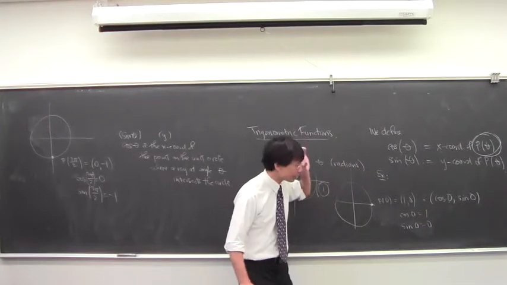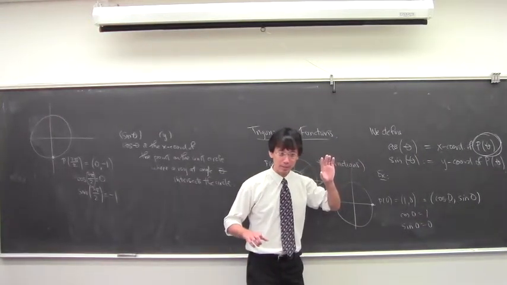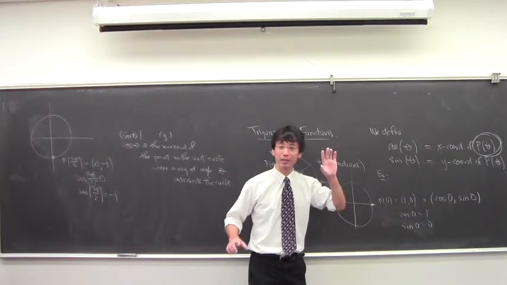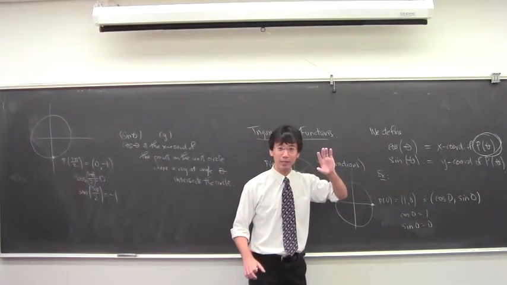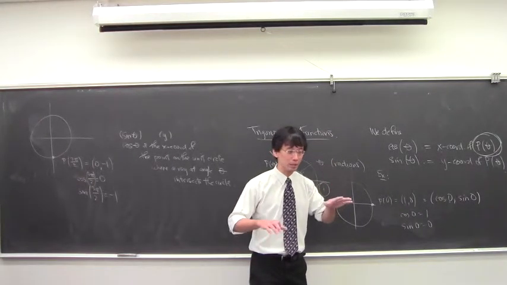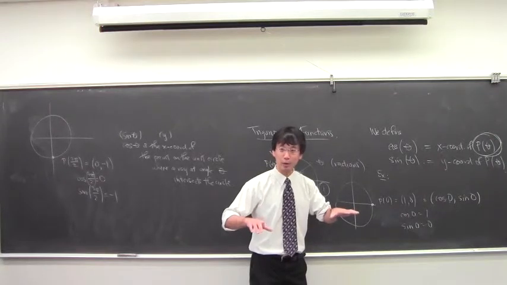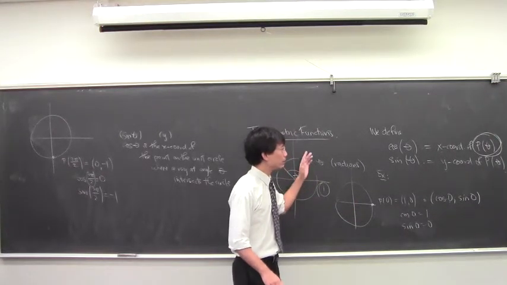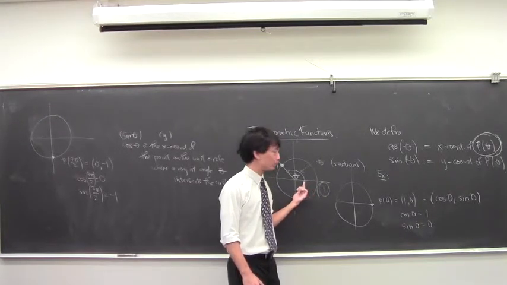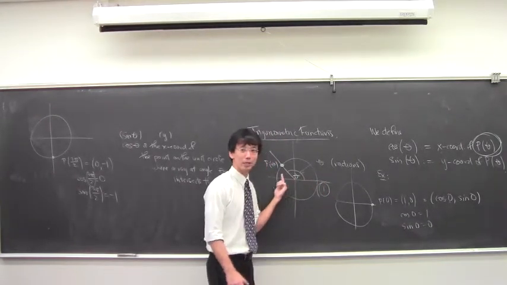So let's not have anything that's just by memory. That's my goal, at least as minimal as possible. I want you to just have ideas and know how things work. The cosine, why is it positive over here? Because it's the x-coordinate. The x-coordinate is positive over here, it's negative over here.